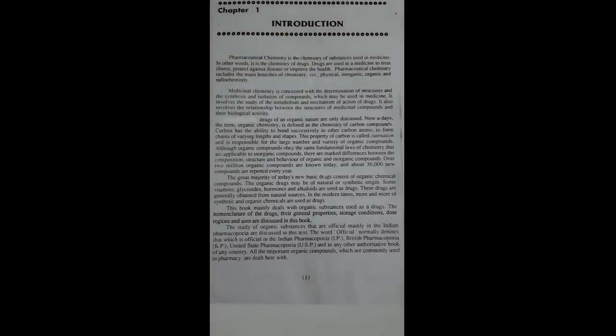Pharmaceutical chemistry is the chemistry of substances used in medicine. In the medicine field, generally more advanced techniques are used. In other words, it is the chemistry of drugs. So the meaning of drugs is very important in pharmaceutical chemistry.